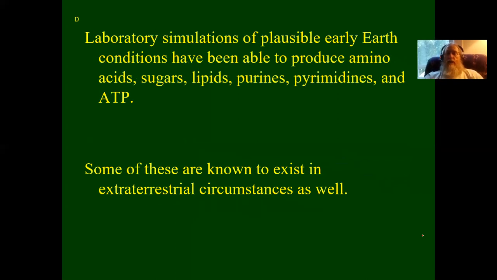Now, various laboratory simulations have been done with plausible earlier Earth conditions and have demonstrated that as long as you do have those basic simple organic molecules, you have some source of energy, sunlight, geothermal energy, lightning, whatever, that you can produce a next level up in organic molecules: amino acids, sugars, lipids, purines, pyrimidines, remember those are bases of RNA and DNA, and ATP, adenosine triphosphate.